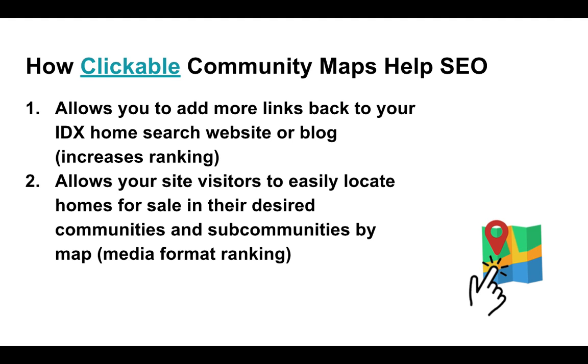Yes. Does this web page have images? Yes. Does this web page have videos? Yes. Does this web page have audio? Yes. Does this web page have interactive media like a clickable map? Yes.